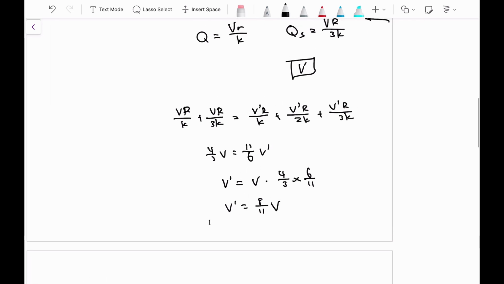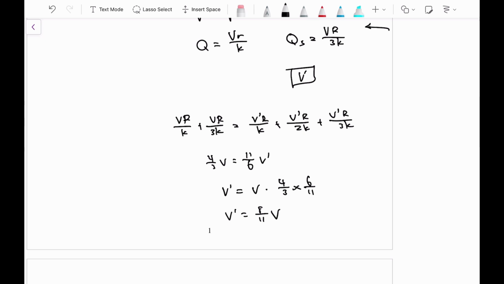And we calculate V dash, so that is the final potential of each of the spheres. Now we will be able to calculate the charge on the second sphere.